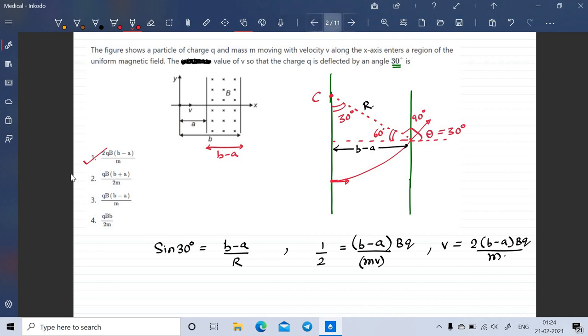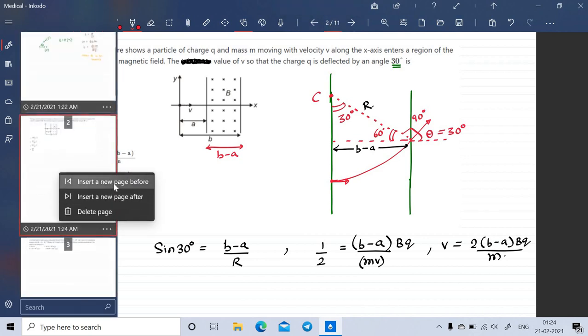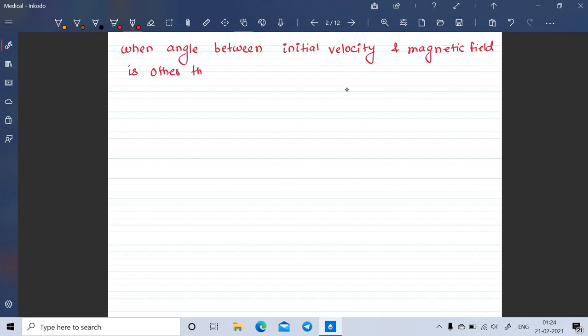The other case then is when the angle between initial velocity and magnetic field is other than 0 degrees, 180 degrees or 90 degrees.